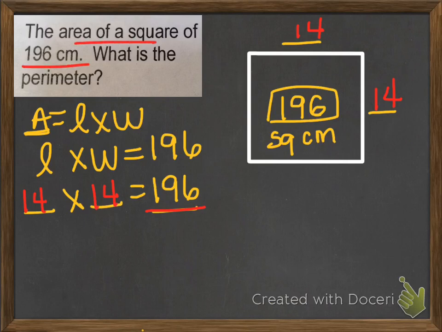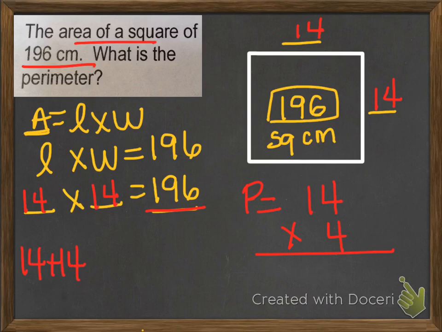But now they're asking us for the perimeter, and the perimeter means side plus side plus side plus side, or in this case 14 times 4, because adding 14 plus 14 plus 14 plus 14 is the same as 14 times 4.